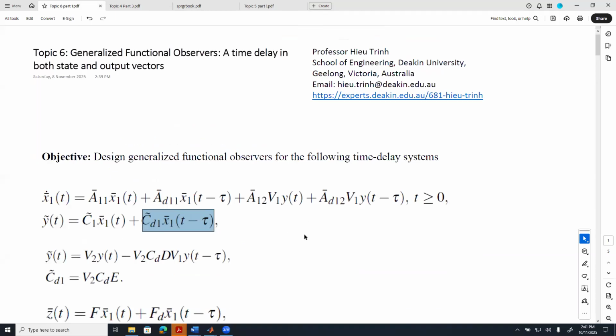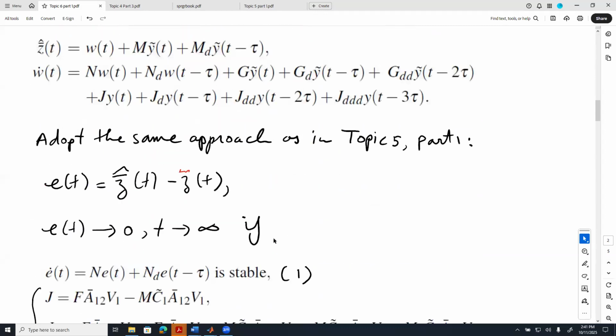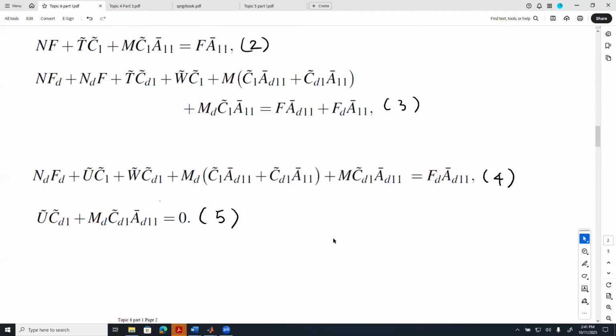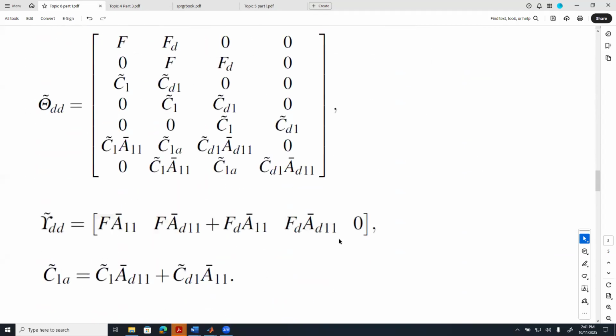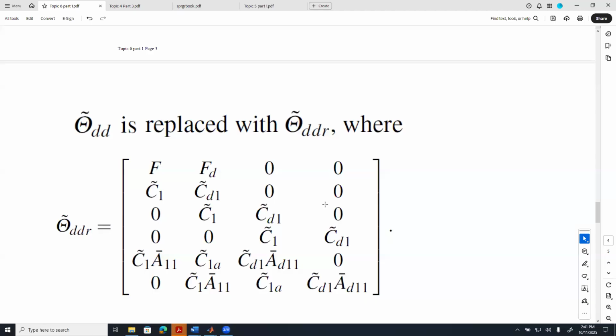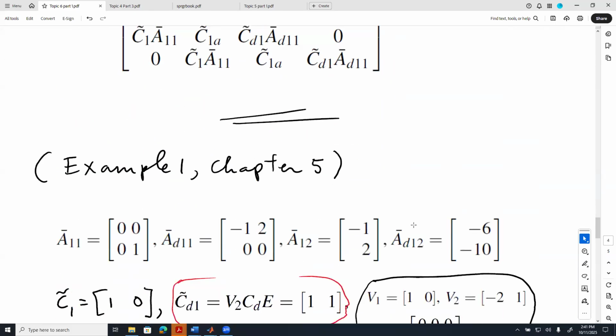The way we solve and obtain the conditions adopts the same approach, so this doesn't cause any difficulty in the approach itself. But the actual outcome is that the one with the delay stack vector in the output measurement is normally more conservative. And that leads us to an example.